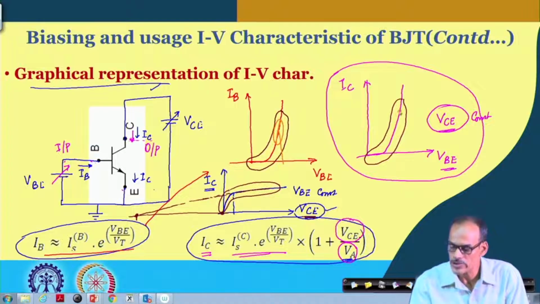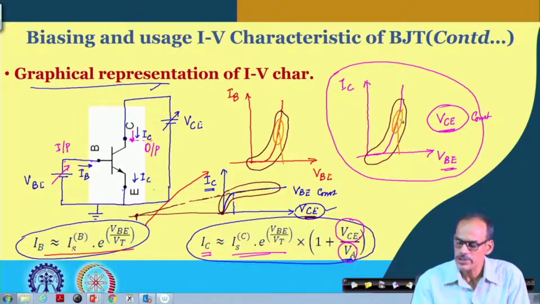Likewise here also, if we keep the VBE, the current having linear dependency on that VBE can be represented by the slope of this characteristic line. Same thing for this also.